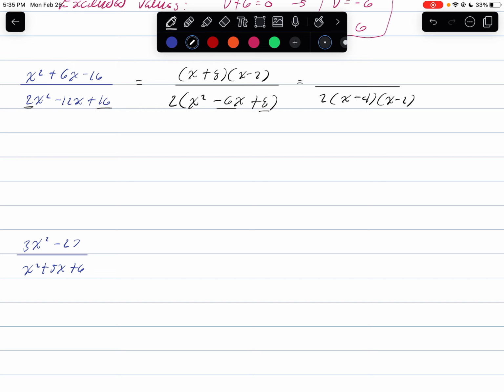And the numerator is going to be x plus 8 times x minus 2. So the x minus 2's will cancel, and we're going to be left with x plus 8 over 2 times x minus 4. And that's about as much as you're going to be able to simplify this one.